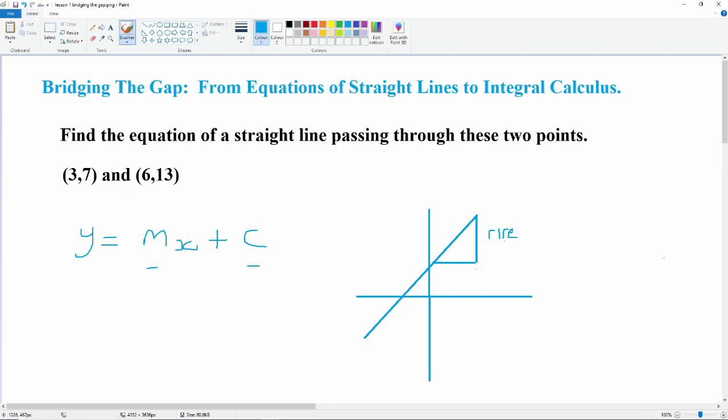You can think of a set of stairs. The up part of the stairs is called the rise, and the across part of the stairs is called the run. So how much it goes across the x-axis is called the run, and how much it goes up the y-axis is called the rise.